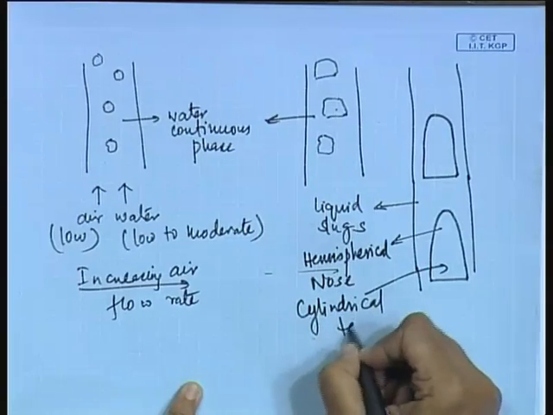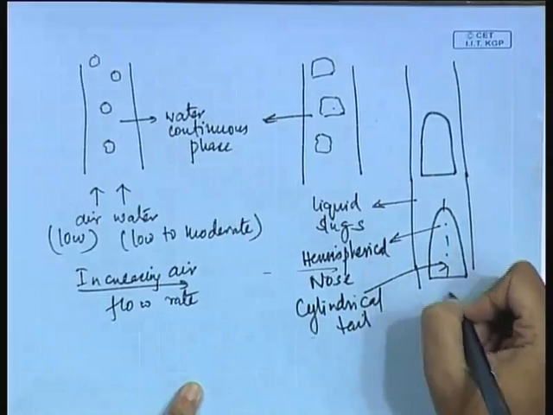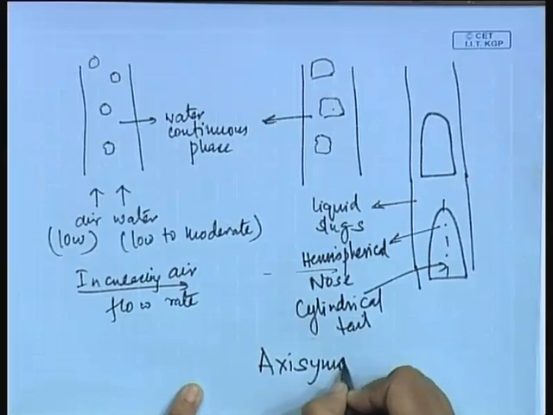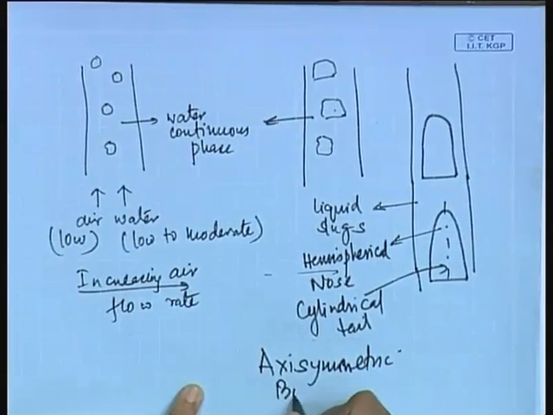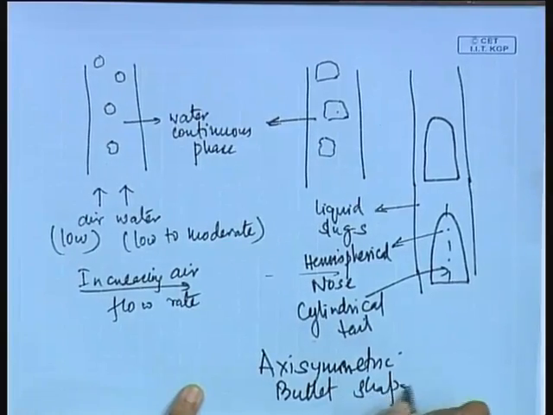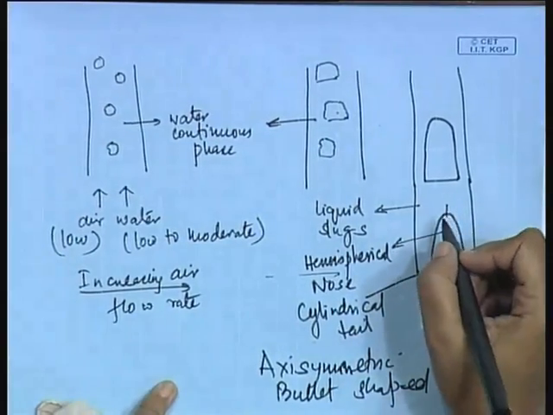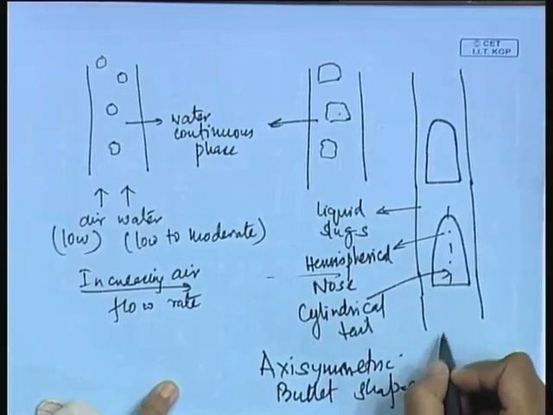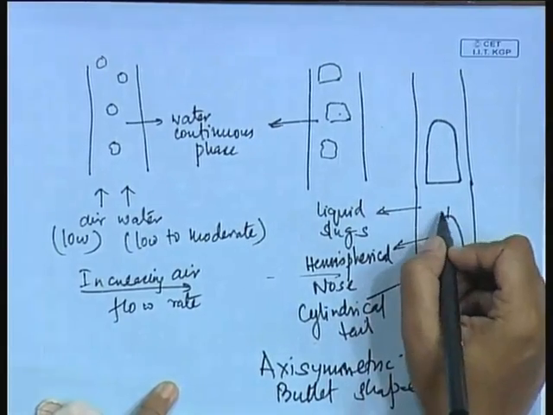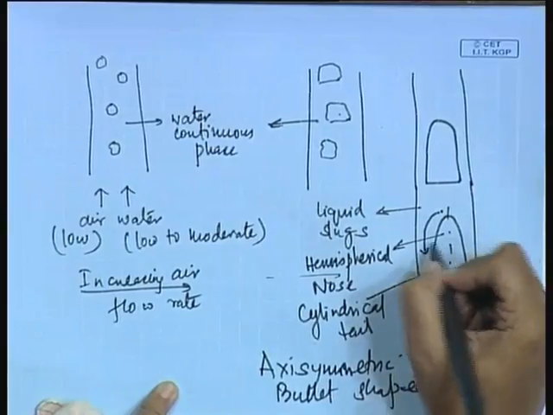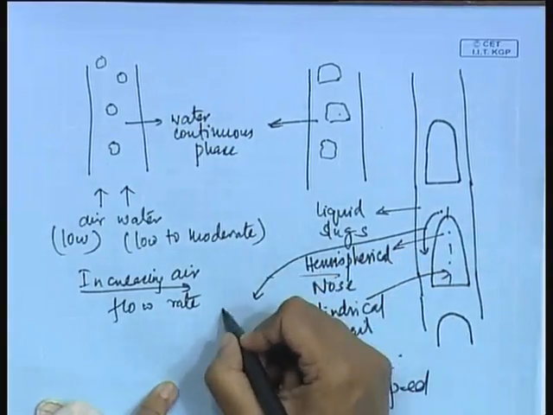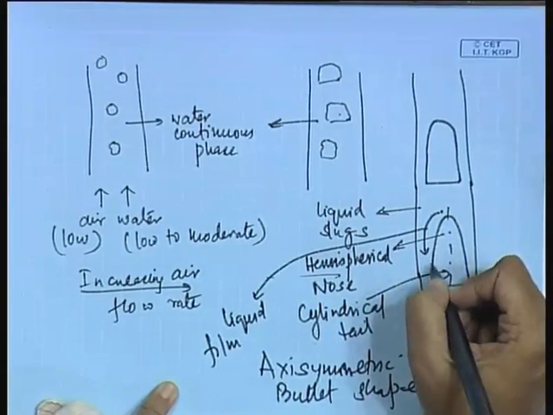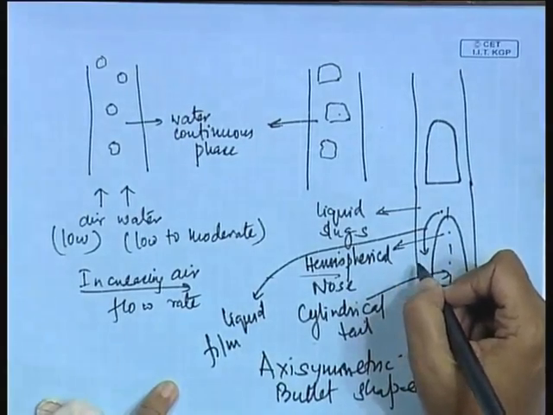They have two portions and they are essentially axisymmetric and bullet shaped. Usually this has been observed, and under these circumstances the liquid from the liquid slug actually flows downward as a liquid film. It is an annular film between the bubble surface and the tube wall.